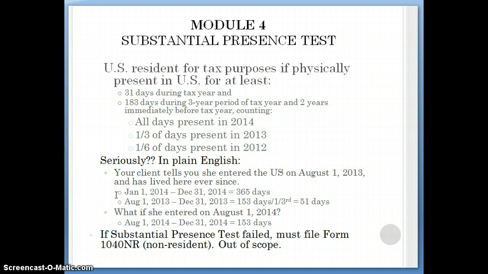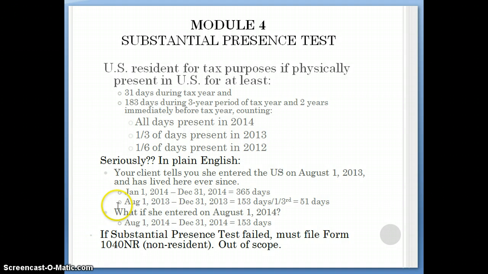You can tell already just by looking at that she meets the substantial presence test because she was here in 2014, 31 days plus a total of 365 days. So she clearly surpassed the 183-day requirement.